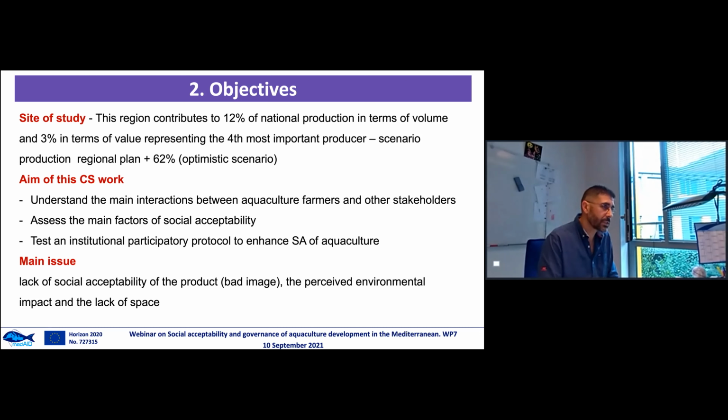So the idea was to understand the main interactions between the aquaculture sector and the other stakeholders in the territory. Also, another objective was to assess the main factors of social acceptability, and also to test an institutional participatory protocol to boost or enhance social acceptability of aquaculture.